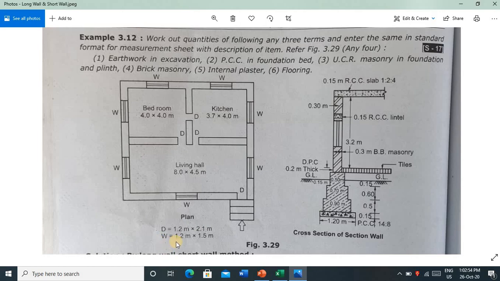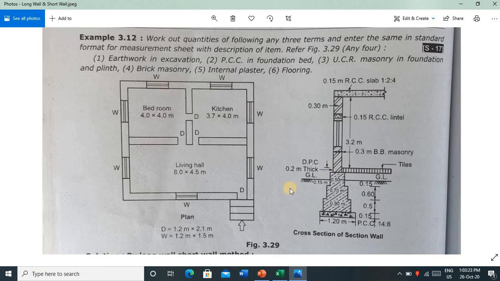Windows dimension is 1.2 meter by 1.5 meter, and the dimension of door is given as 1.2 meter by 2.1 meter. The total number of doors is 4 and windows are 7.